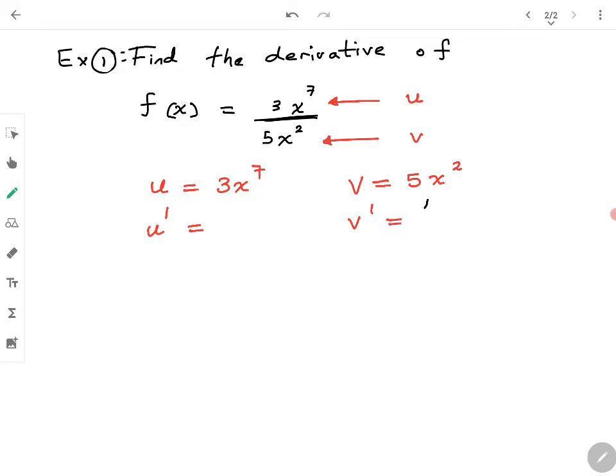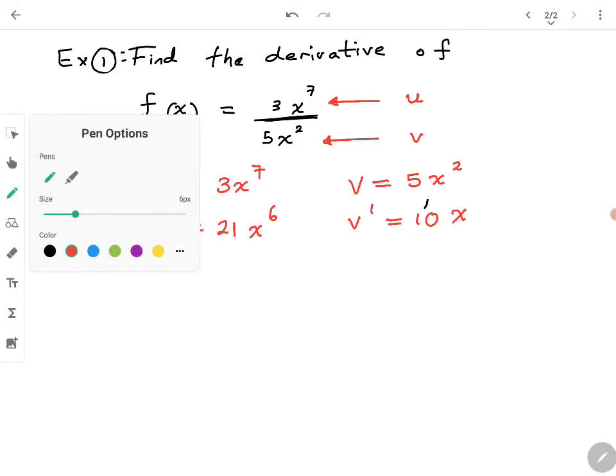This step is similar to the product rule. You find these four terms: u, v, u prime, v prime. So u prime using the power rule becomes 21 x to the 6, and again apply the power rule for x squared, so the 2 comes to the front, so 5 times 2 becomes 10, and 2 minus 1, the exponent becomes 1, so x to the 1 is just x.